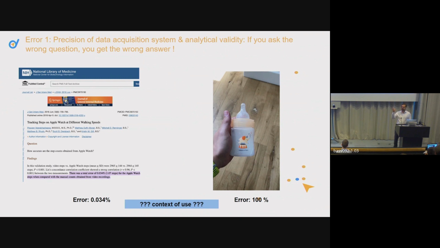And the real thing that we're talking about is trying to understand what the context of use of your endpoint is. The context of use of my endpoint is that I need to equip patients to not be at all aware of the type of activities they are performing and still have a good level of analytical validation. That's what's difficult in our problem.